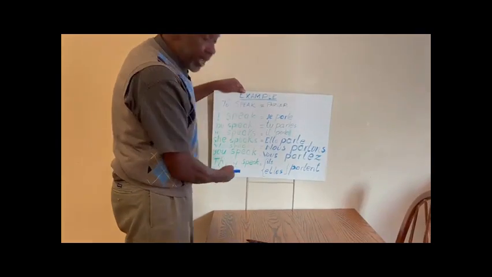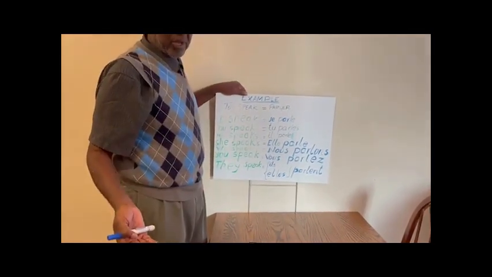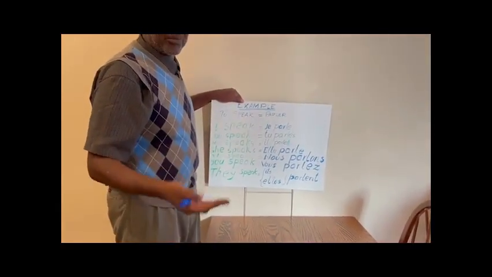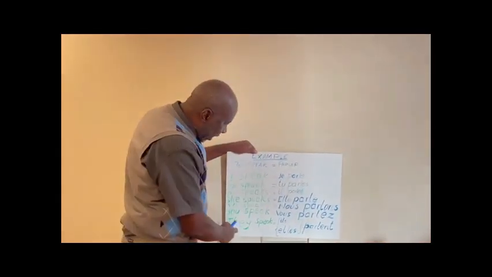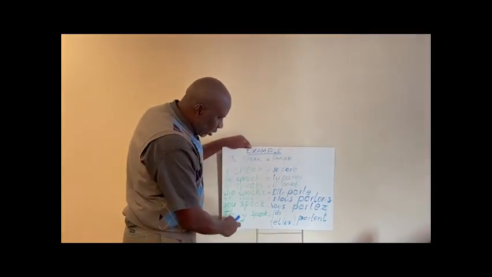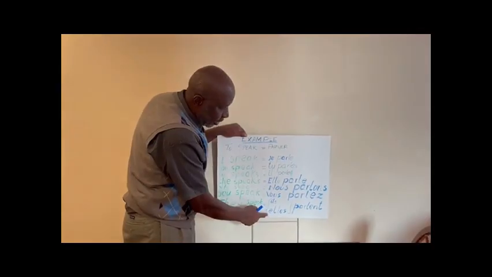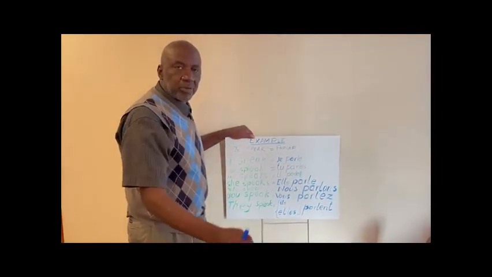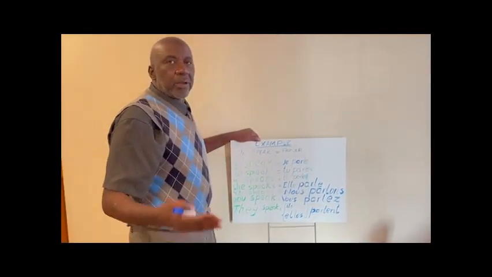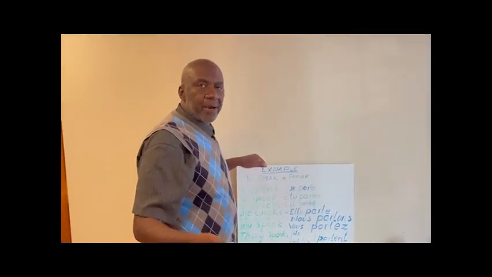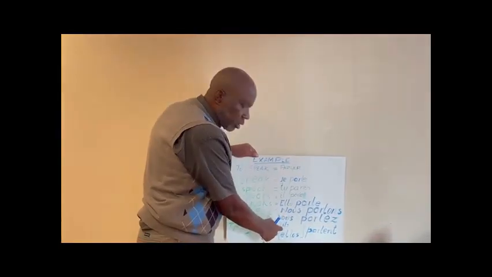And when you say they, here now comes the problem. They applies to female and to male. So they, it is either il or elle, but with S at the end. Because when you say il and you know that they are male, then you use il.